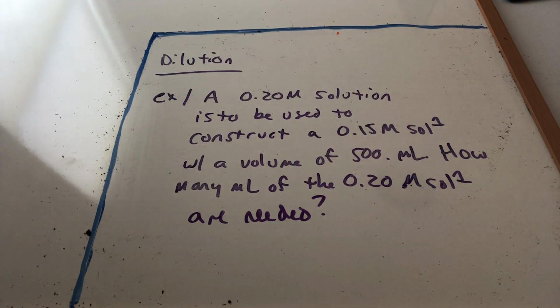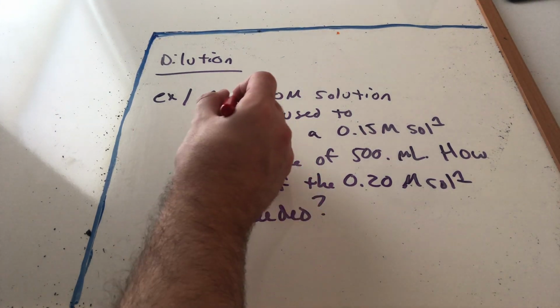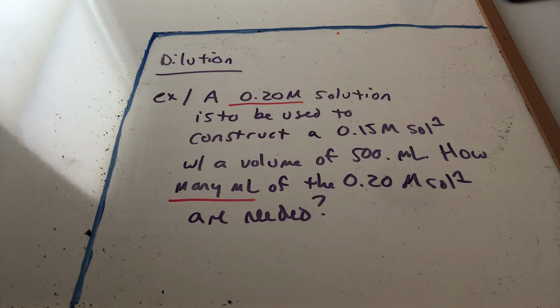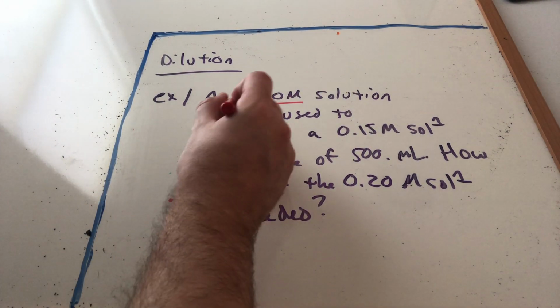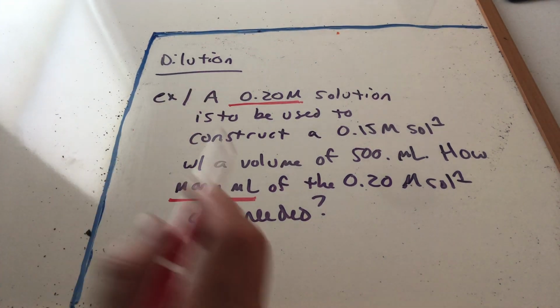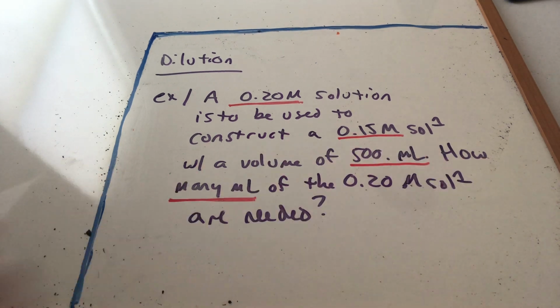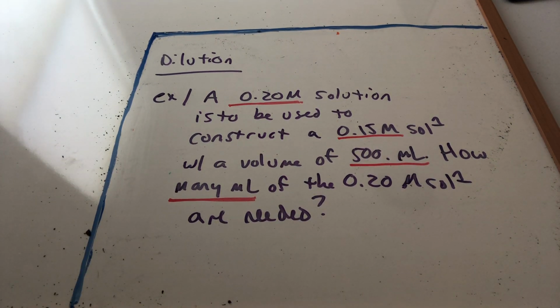Right. So this fits our dilution identification step. This fits what we said, and it kind of fits the picture that we had before. Because essentially what we're asked about is a volume of a concentrated solution. So we have a certain solution, and it has a certain volume. And we have to turn it into a solution with a different concentration and a final volume.